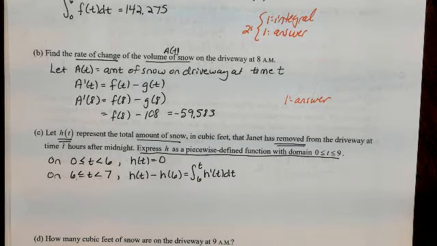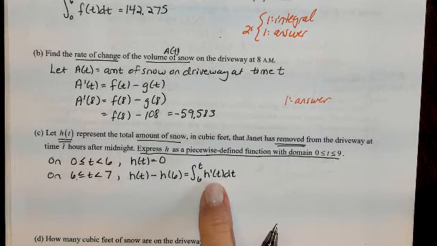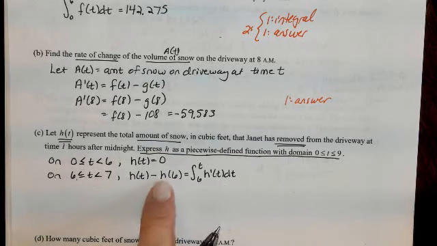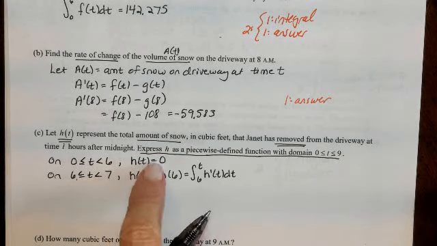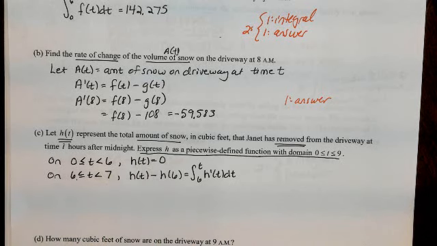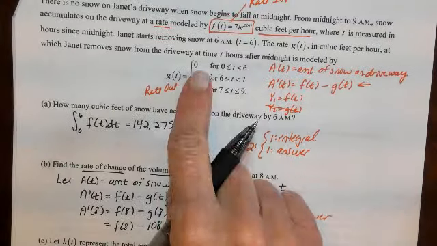But h prime is my g of t there, so that will be 125. H of 6 I can use up here. At time 6, h was 0, so we're starting with nothing removed, right? That makes sense here because the rate was 0 up until 6.